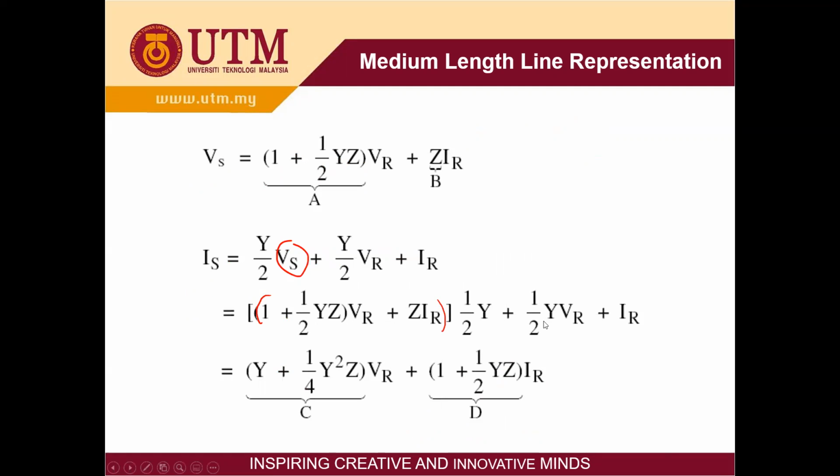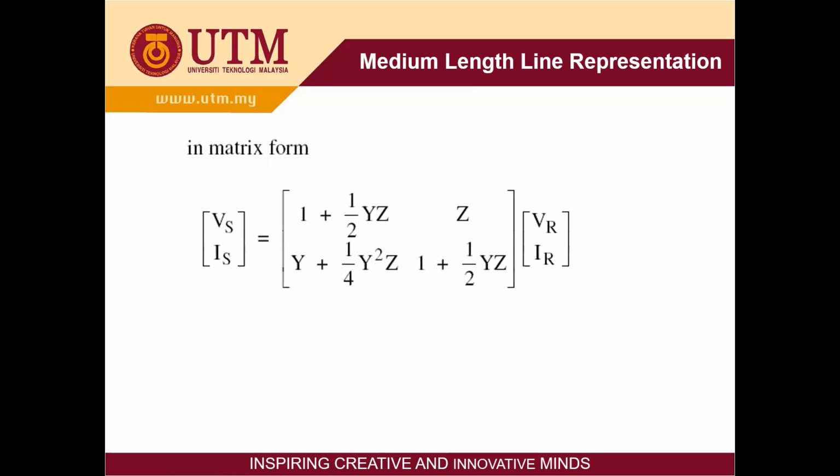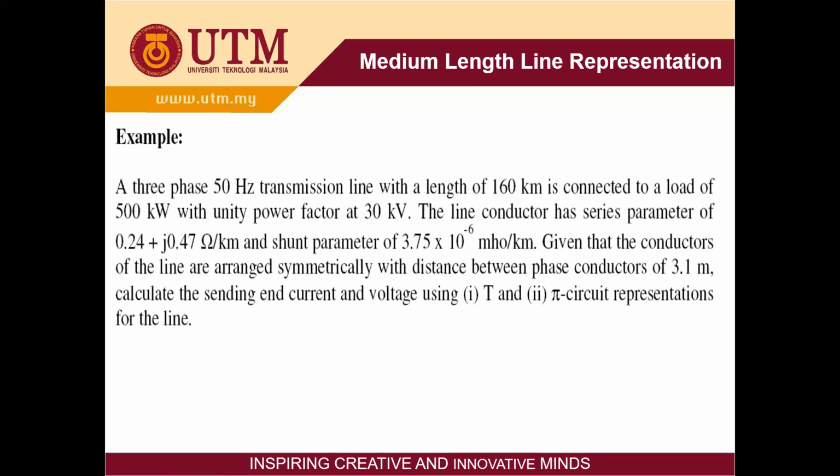After you have rearranged this, finally we obtain the C parameter, which is y plus 1 over 2 y squared z, and the D parameter is 1 plus 1 over 2 yz. So this is in the matrix form, and this is the example.